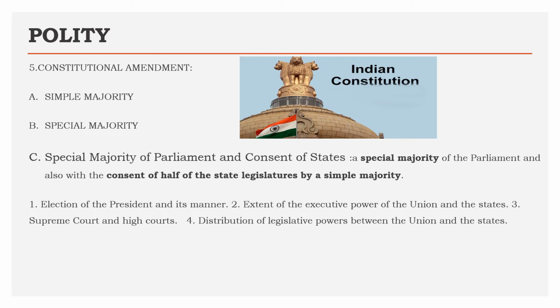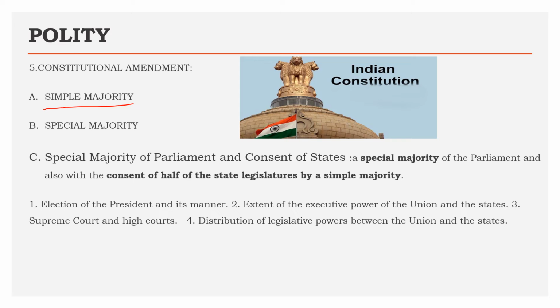So now we'll talk about the kinds of majorities which are used in constitutional amendment. Firstly, simple majority, but this does not come under Article 368, like for example formation of new states or admission of new states, boundaries, everything comes under this, but it does not come under Article 368.